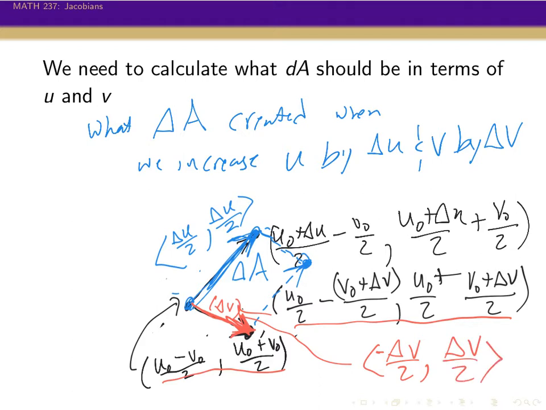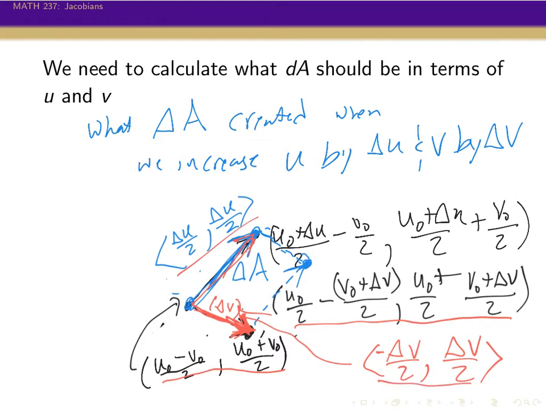So whatever delta u and delta v are, these are the two vectors representing the change, and delta A, the change in area, is going to be the area of the parallelogram with sides that are these two vectors.